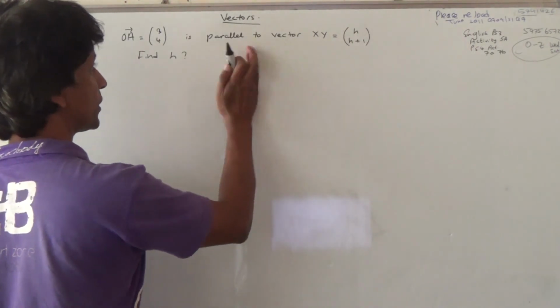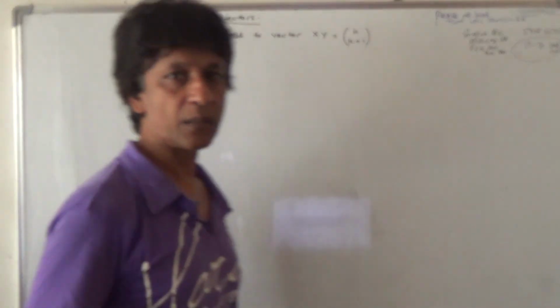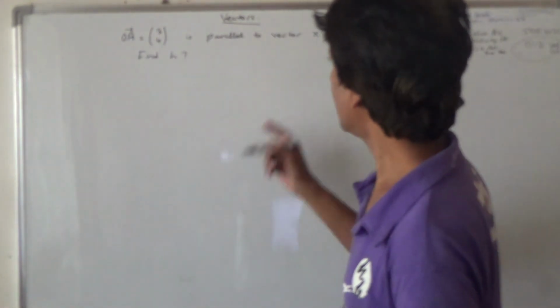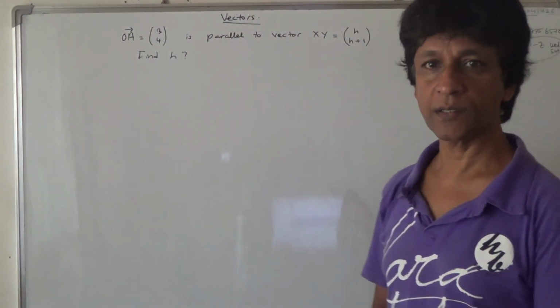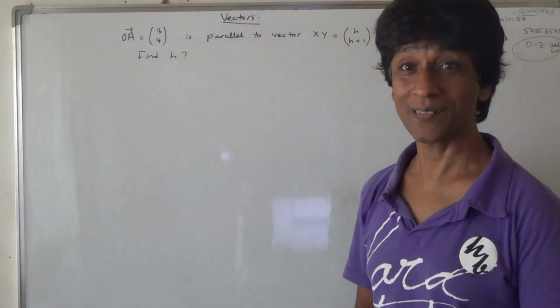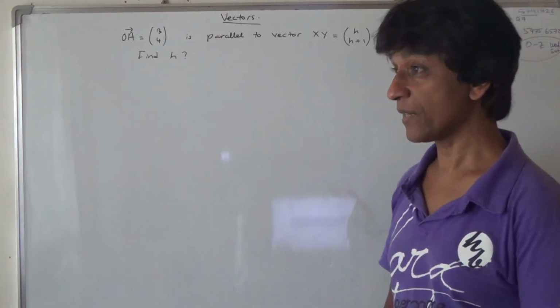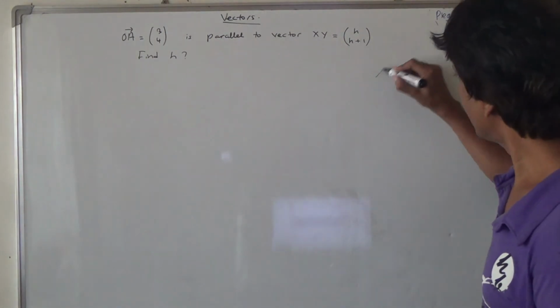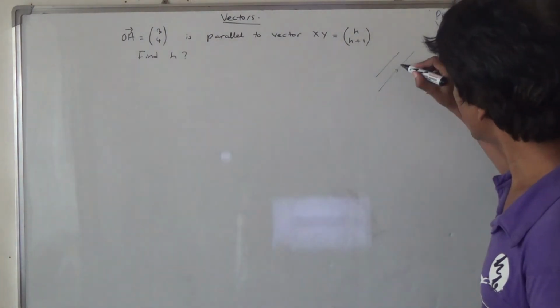Hang on a second, let's wipe this out. This is the information that we have, and we want to find h given that these two vectors are parallel. When vectors are parallel, I did explain before that if you take a vector like this, another one like this, they will differ by magnitude.